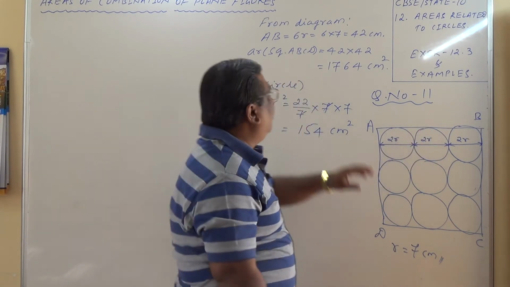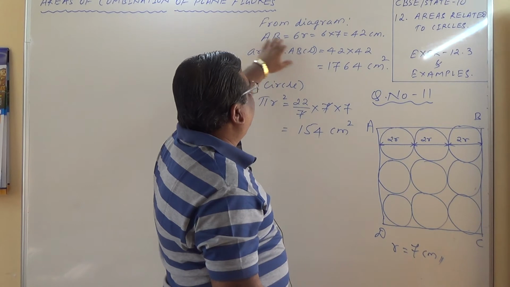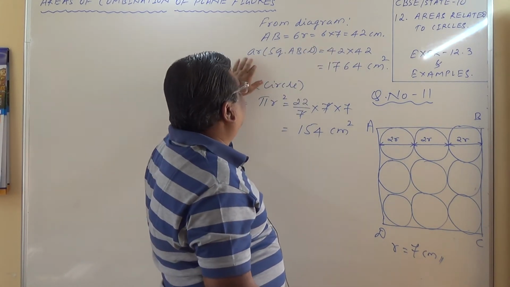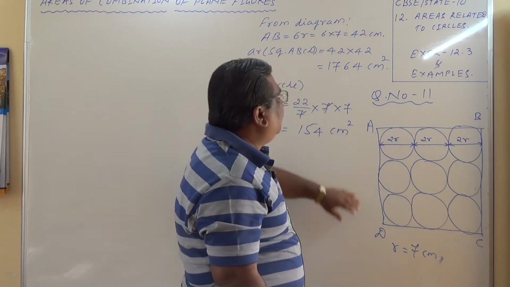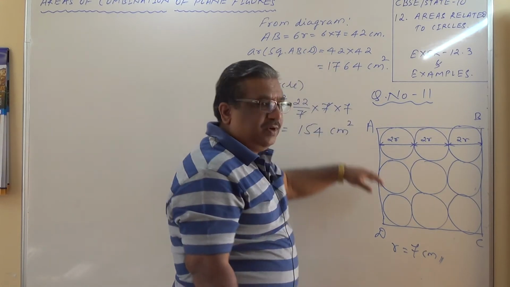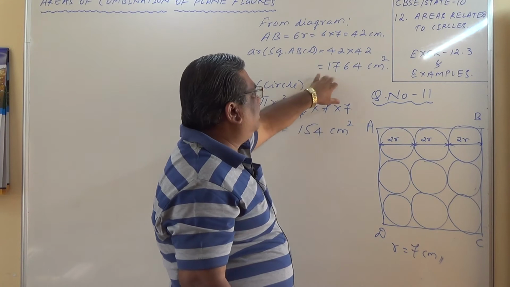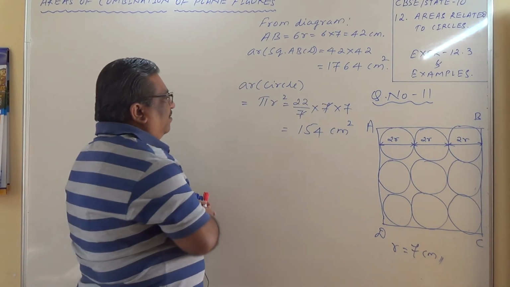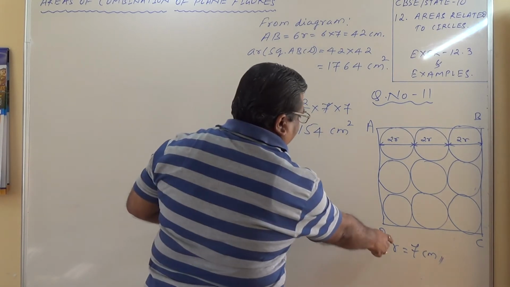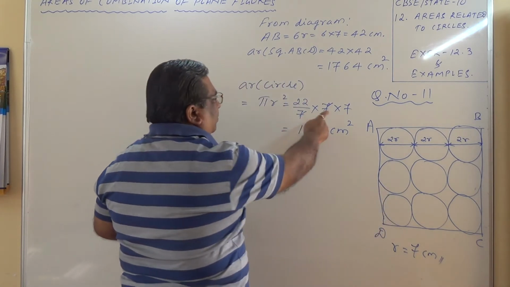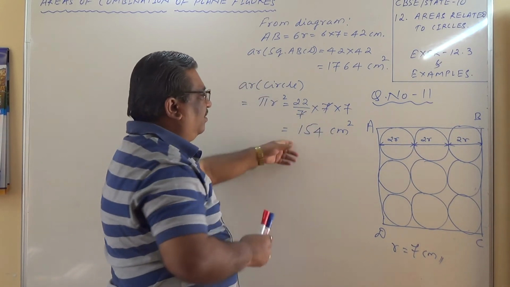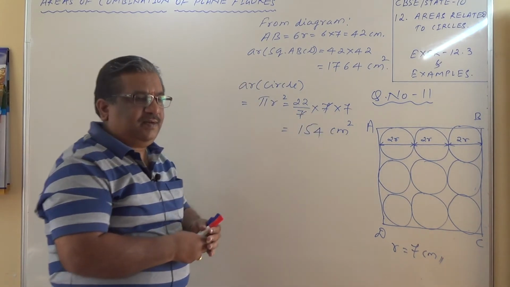So from the diagram, AB equals 6r, 6 into 7, which is 42 centimeter. Now area of the square ABCD is equal to 42 into 42. Just check it. It is 1764 square centimeter. Now area of the circle is pi r square, which is 22 by 7 into 7 into 7. So 7 7 cancels, 22 into 7 is 154. Check this. Okay, this is correct.